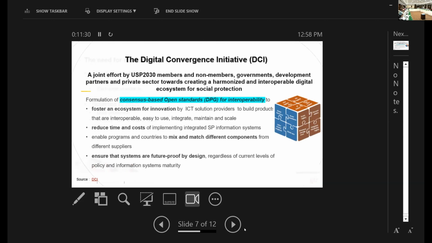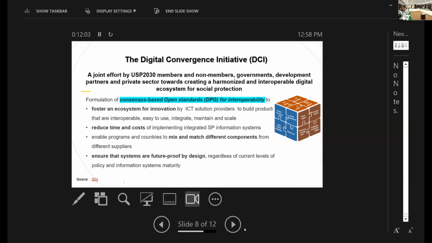And to develop these standards, from the Universal Social Protection 2030 initiative, an initiative around standard building has been established, the Digital Convergence Initiative, or the DCI, to get together governments, development partners, private sector, everyone to come up with a set of standards that anyone could use or reuse.